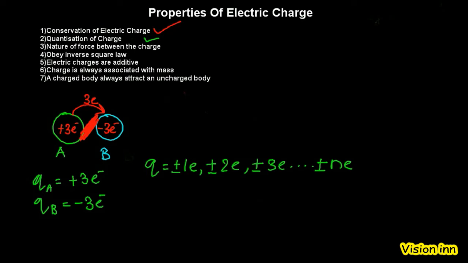It cannot be a fraction. A charge cannot be a fraction. This is wrong. It should always be an integral multiple. So this brings us to the equation q is equal to ne.